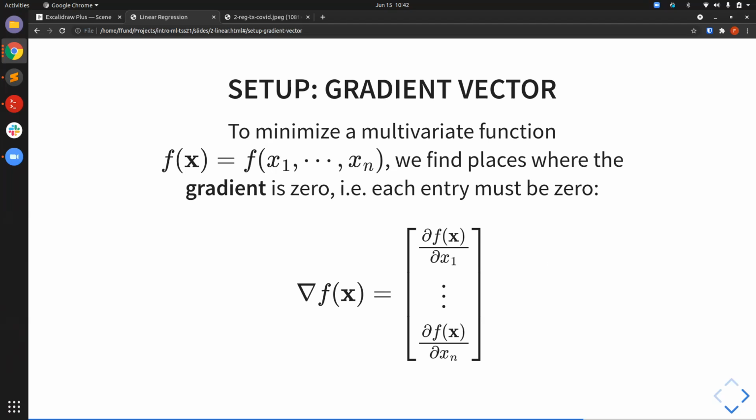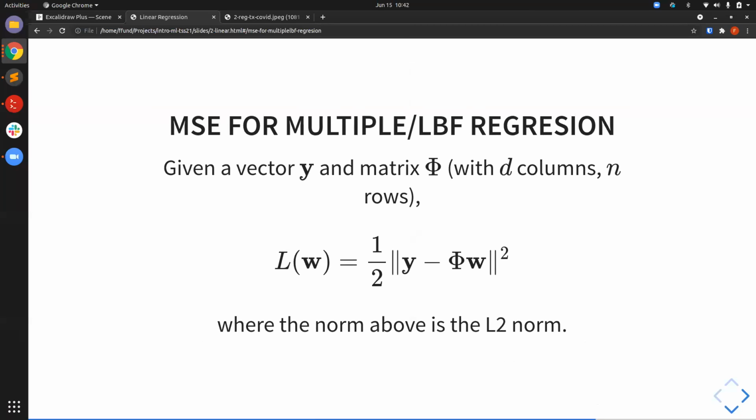Now, how do we minimize the mean squared error for our multiple linear basis function regression? Well, we have an n by d matrix phi, and we can define our loss function like this. Our loss function is equal to half the L2 norm of the vector y minus the matrix phi times the weight vector.